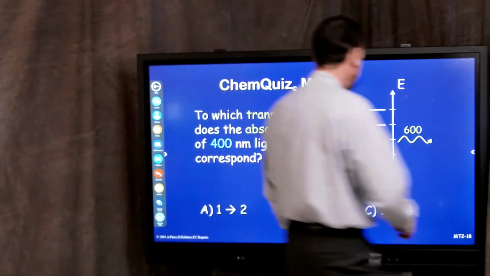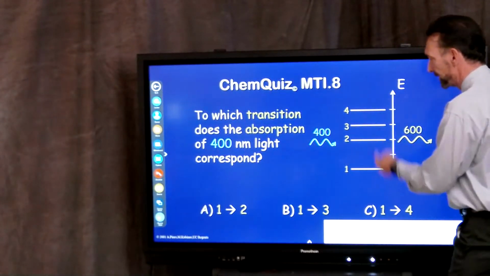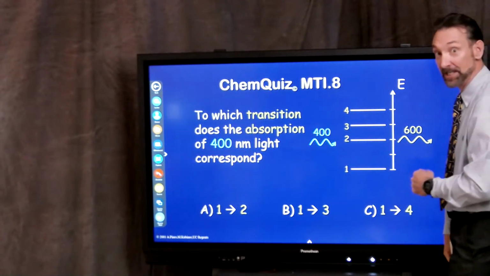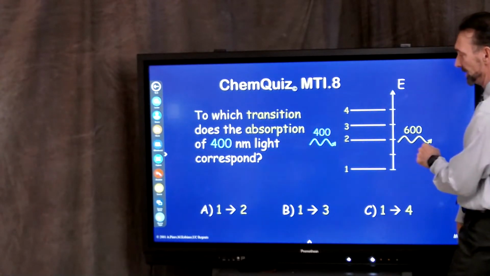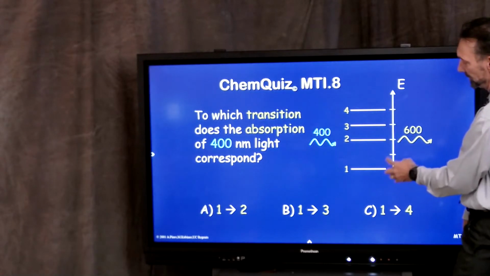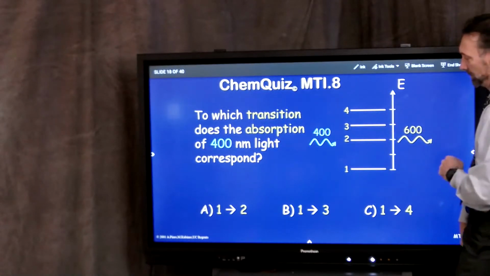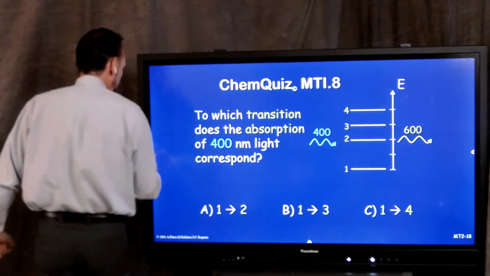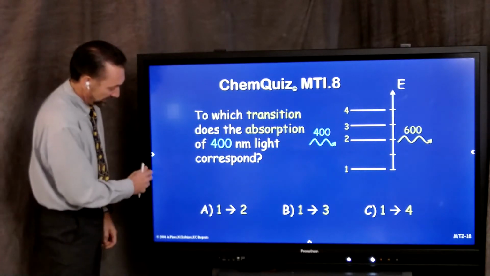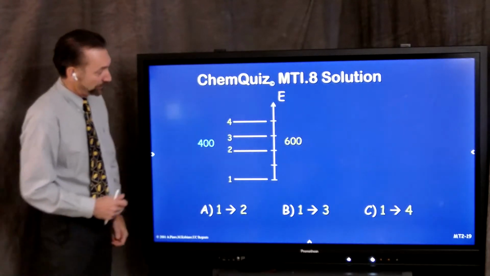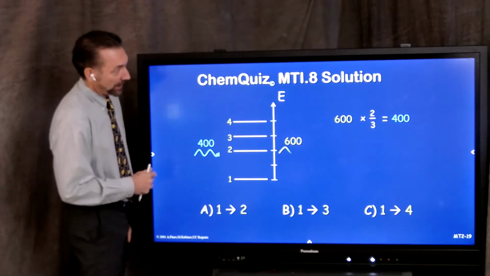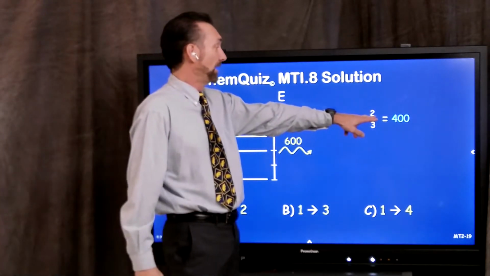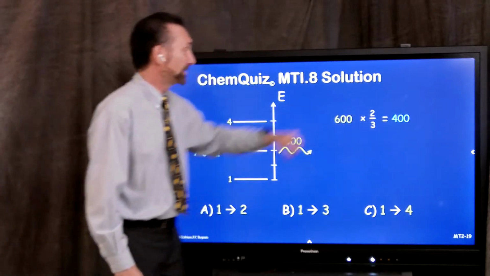We know 400 will be absorbed and 600 will be emitted. We have the ratios of the energies of the levels because we've been given the relative energies here, so you can read them off the plot. And for the exam, there are times where you're going to have to actually look at the intensities on the plot.